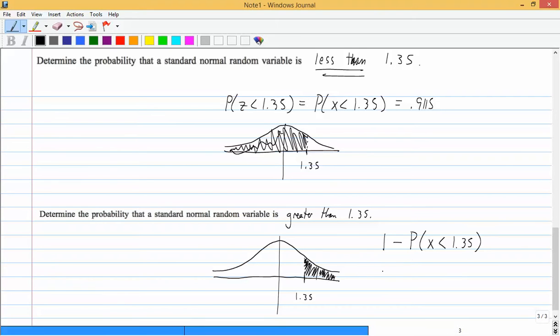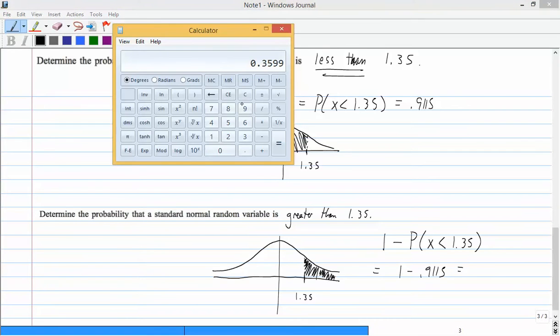Okay, so that would be 1 minus 0.9115, or 0.0885.